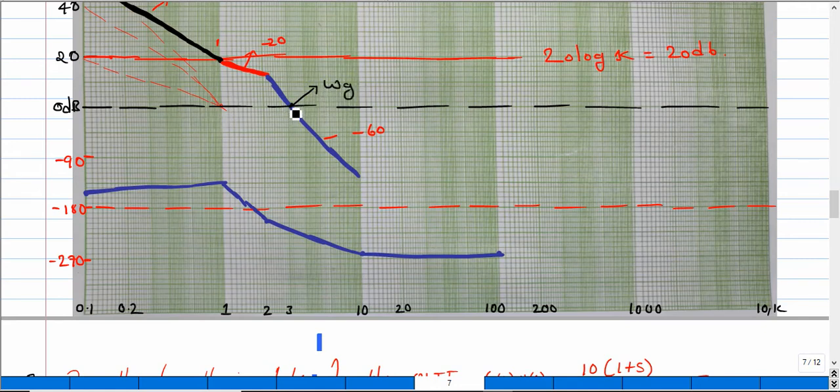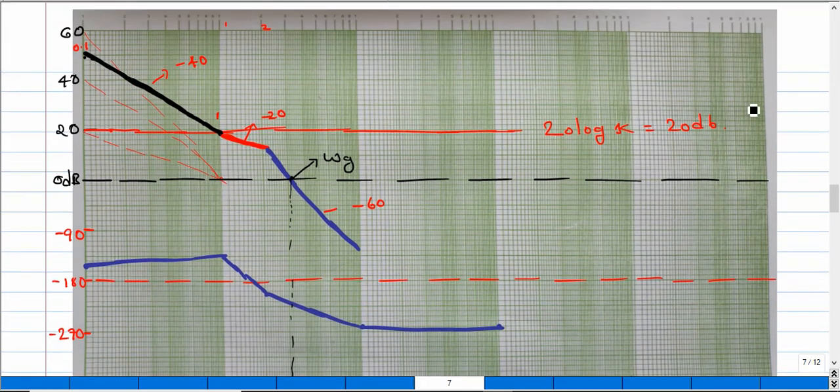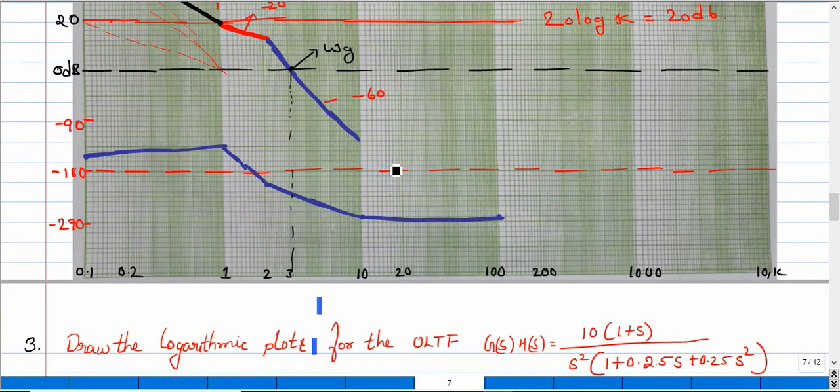You need to draw a construction line downwards, and it will reach somewhere here. So I am getting omega g in the actual graph as 3.6 rps.